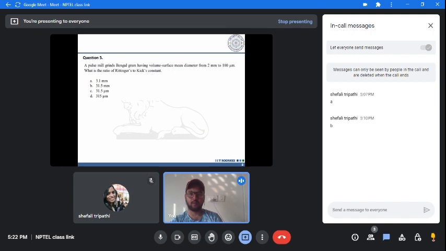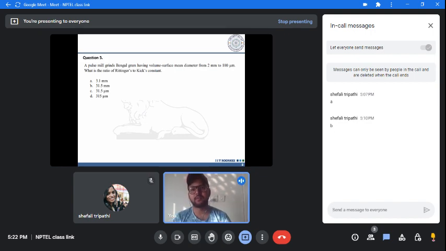I will explain. Rittinger's law and Kick's law are basically for the size reduction of particles, where Rittinger's law says that the energy required for the reduction of any material size will be directly proportional to the change in the material size. Whatever the material size is changed, the energy will be directly proportional.